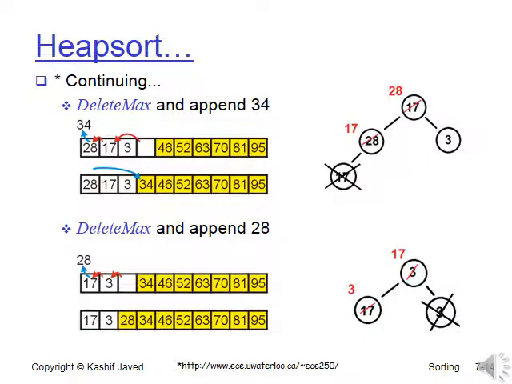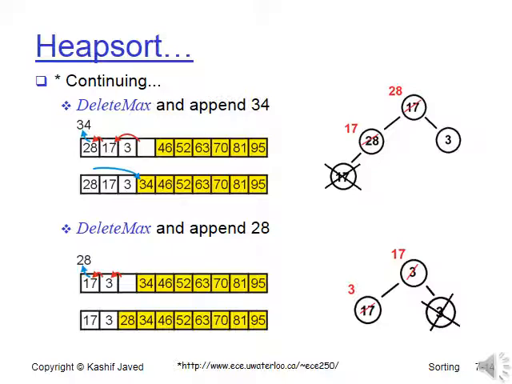Again, repeating the process, delete max and append 34. Number 34 at the root node will be replaced by the last leaf node, which is 17.